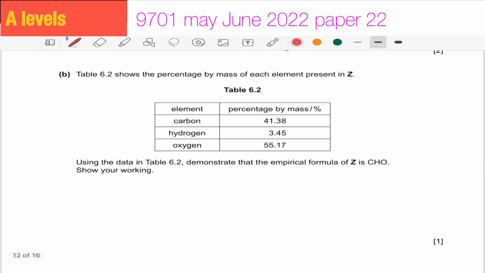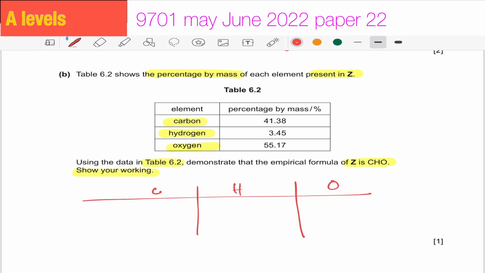Now the next part: table 6.2 shows the percentage by mass of each element present in Z, so carbon percentage, hydrogen percentage, and oxygen percentage. Use the data in table 6.2 to demonstrate that the empirical formula of Z is CHO. Show your working. So we have three elements, carbon, hydrogen, and oxygen.